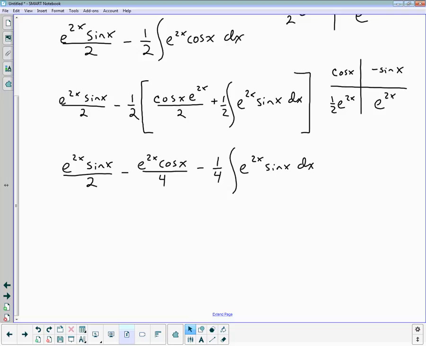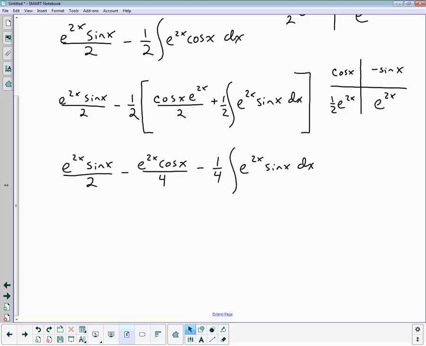So now this times this minus the integral of that times that. New line. Don't forget the dx. Oh yeah, there's two terms.